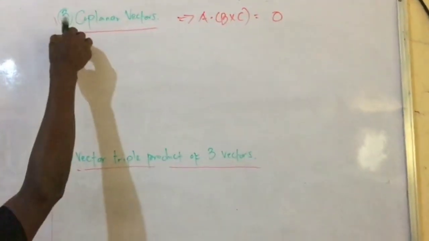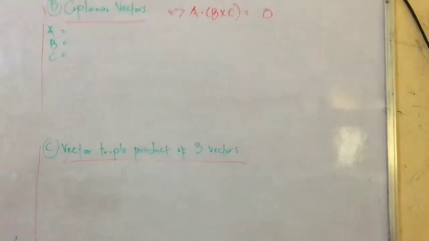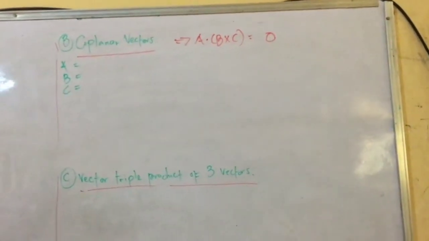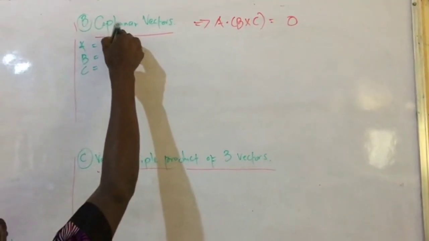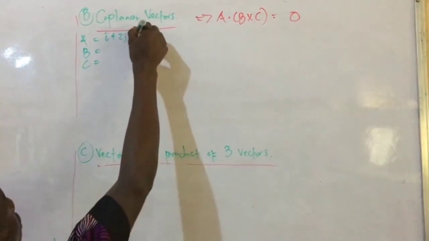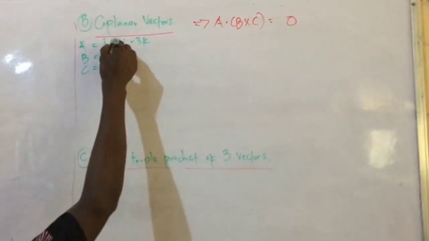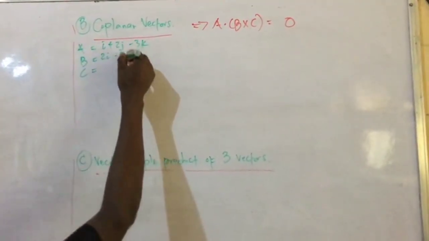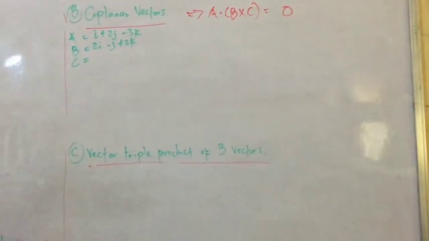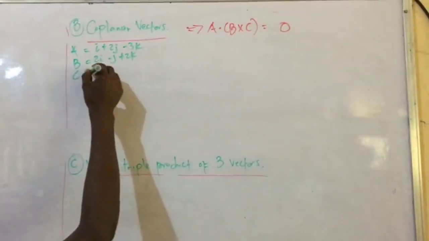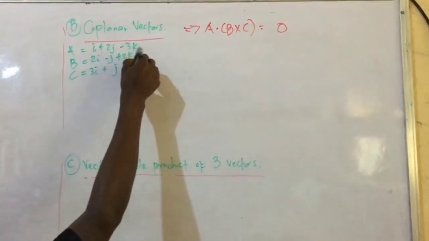Let's say we have 3 vectors here, A, B, and C. We have A as i plus 2j minus 3k. Then we have B as 2i minus j plus 2k. And we have C as 3i plus j minus k.